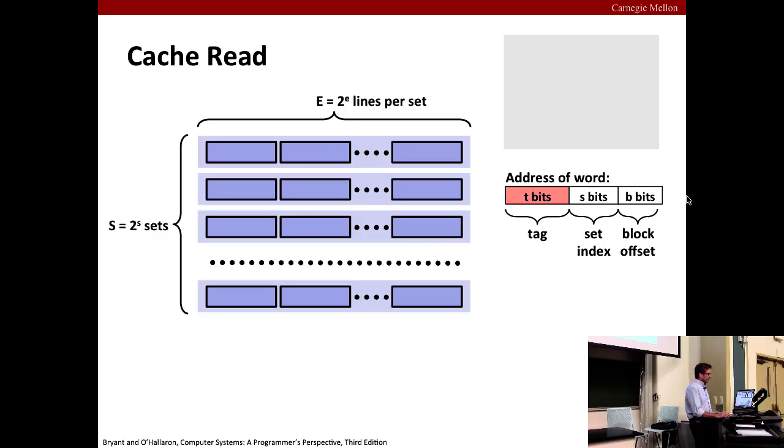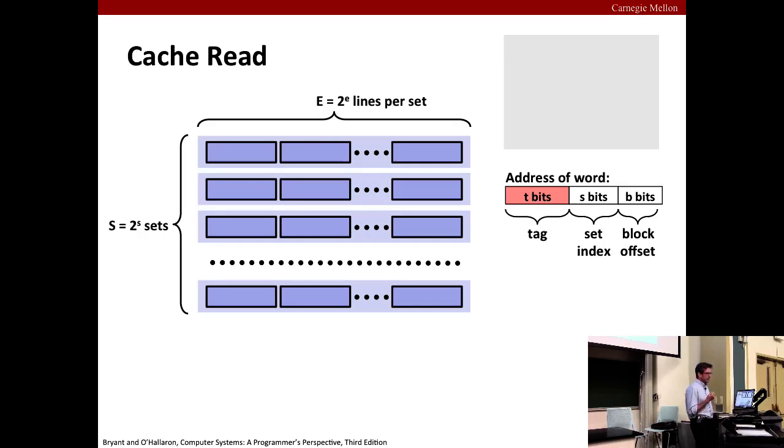So the low order b bits determine the offset in the block where that word starts. Okay. The next s bits are treated as an unsigned integer, which serves as an index into the array of sets.